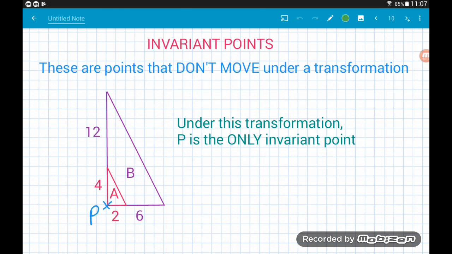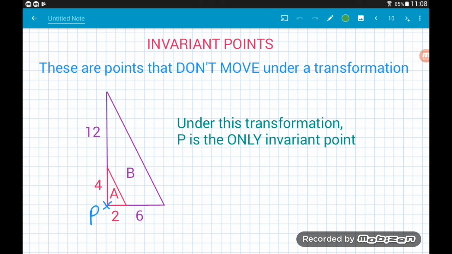Different transformations have a different amount of invariant points, and it also depends on where our mirror line is and where our centres of rotation and enlargement are too. But we will either talk about invariant points more in each video, or we'll have a video dedicated to invariant point questions. Haven't made my mind up yet.